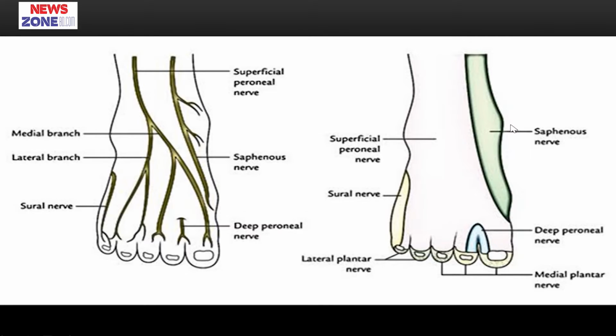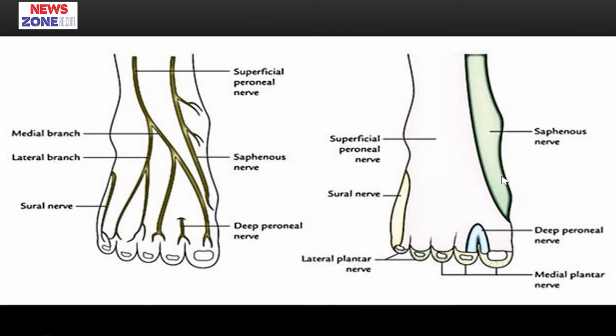And here we can see the area which is supplied by the superficial peroneal nerve. This area is supplied by sural nerve. This area is supplied by deep peroneal nerve.